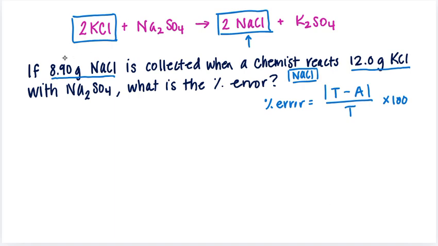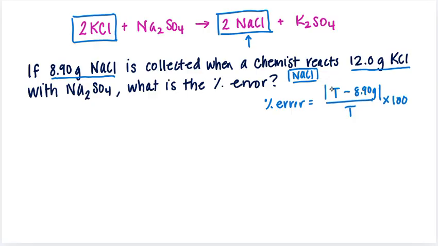If I know that 8.9 grams of NaCl was collected, that is the actual amount that they got in the lab. I am going to erase my actual value here, and I am going to plug in 8.90 grams. Again, this is pertaining to the NaCl.